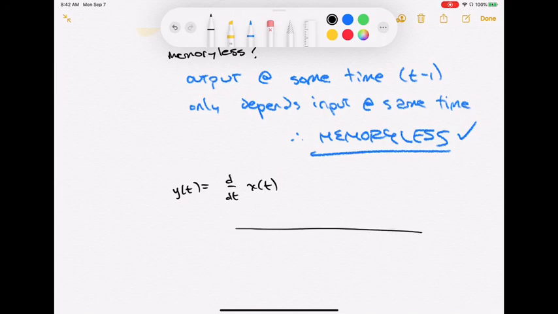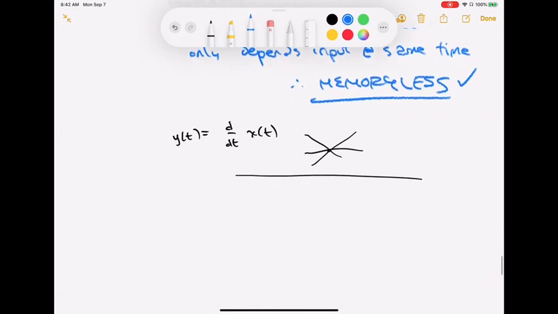If I gave you a graph and told you a function at some particular point and asked you to find the slope, you wouldn't know if it came from a thing that was like this or like this or like this. A single point, the strength of that signal all by itself, is not enough to derive or understand slope information. So even though in this particular system you don't see any t minus 1s or t plus 1s, it is not memoryless.